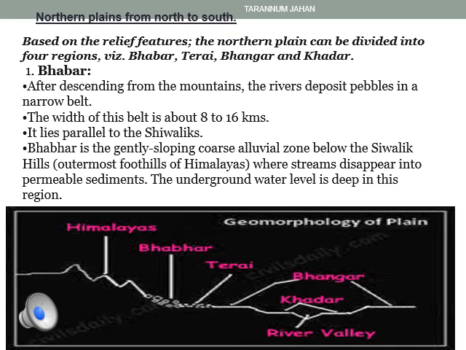The moment the Shivalik ends, the Bhabar, Tarai, Bhangar, and Khadar regions start. So how the Bhabar region starts, what kind of Tarai region we find, what is Bhangar and what is Khadar, we are going to discuss over here. So let's see, the first one is Bhabar.